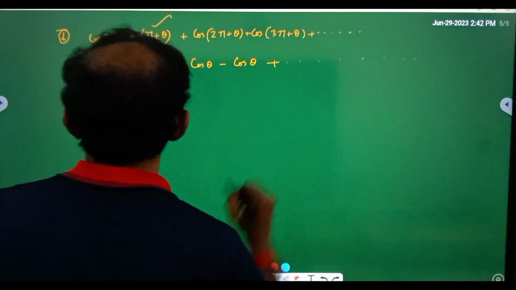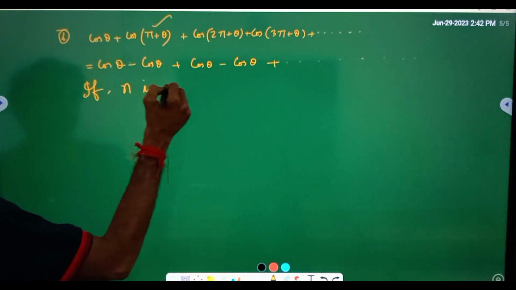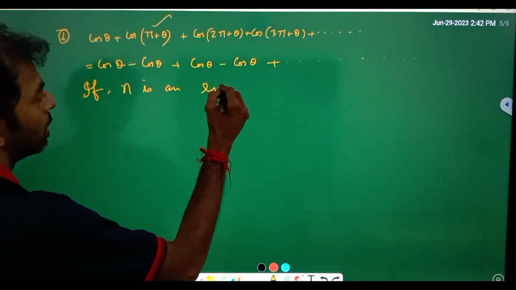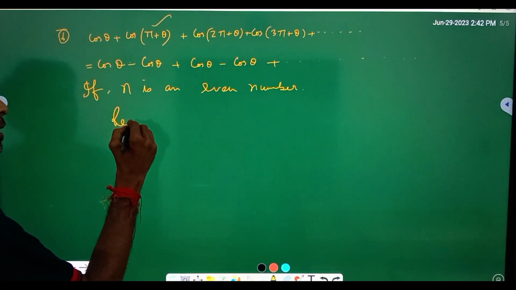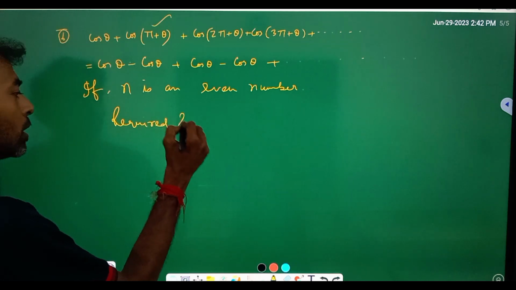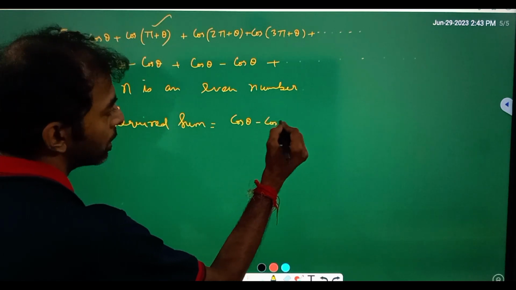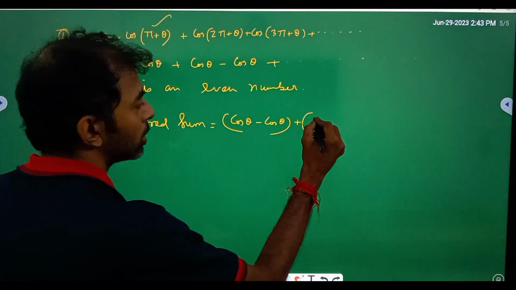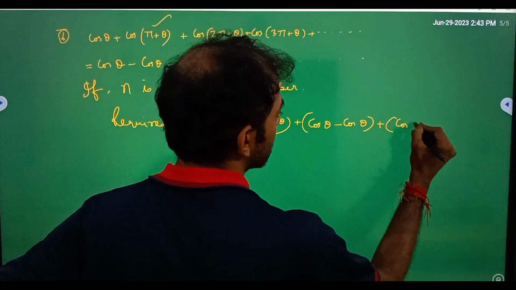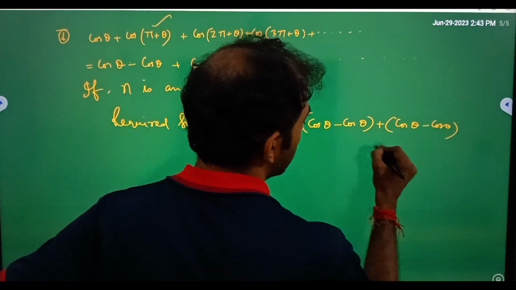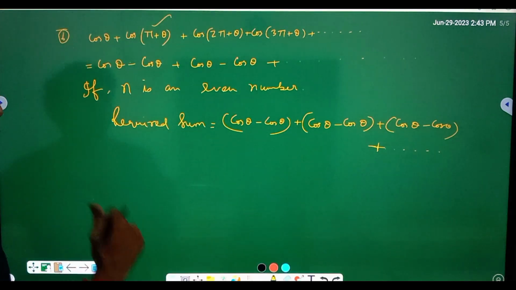That's the procedure. Now, if n is an even number, the required sum will be cos theta minus cos theta plus cos theta minus cos theta plus cos theta minus cos theta, and so on, because I'm moving up to an even number of terms.